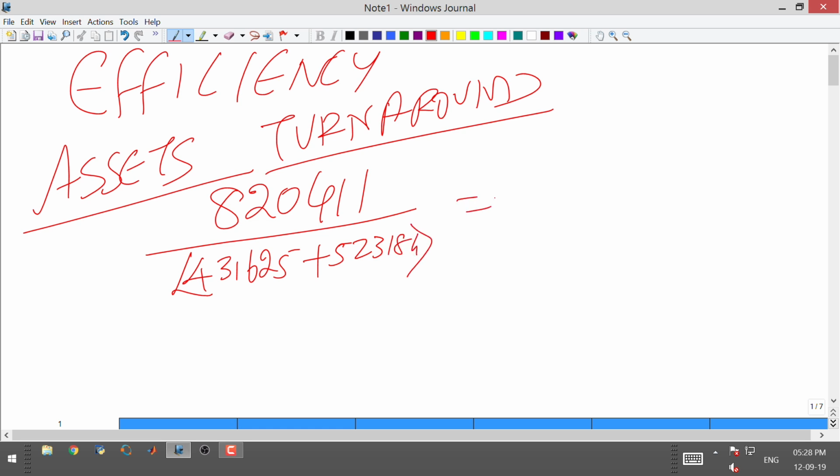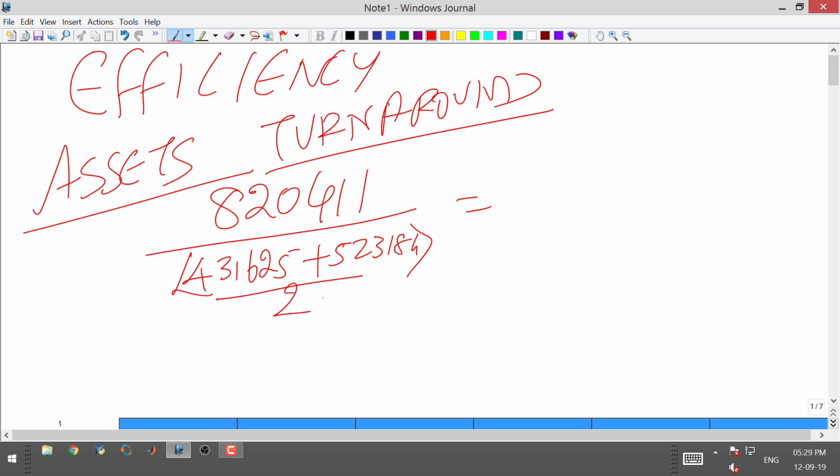That is 431,625 plus 523,184, which gives me the average when divided by 2.